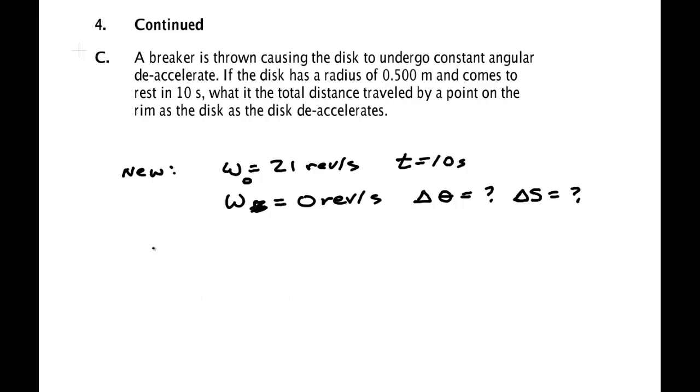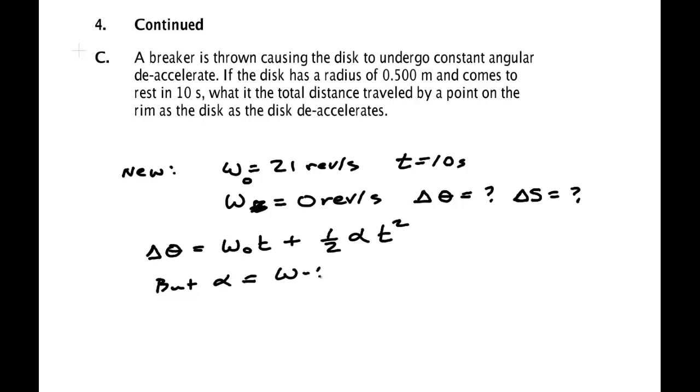So I'm going to work with kinematics first. Delta theta is omega naught t plus 1/2 alpha t squared. But that won't help me because I don't have all the things that I need. For instance, I don't know alpha. But alpha is equal to omega minus omega naught over t.